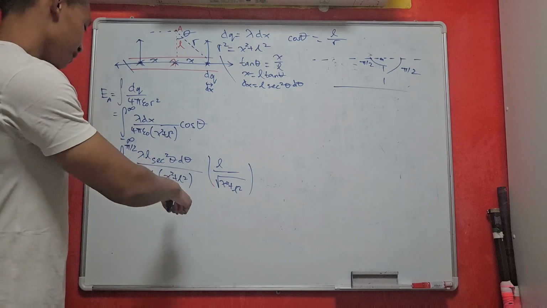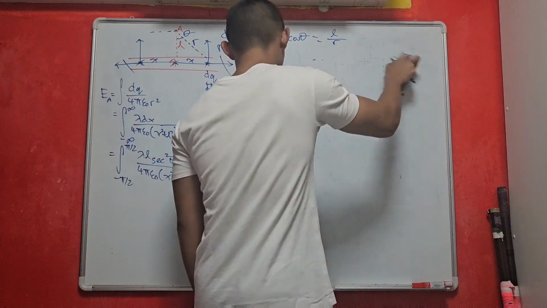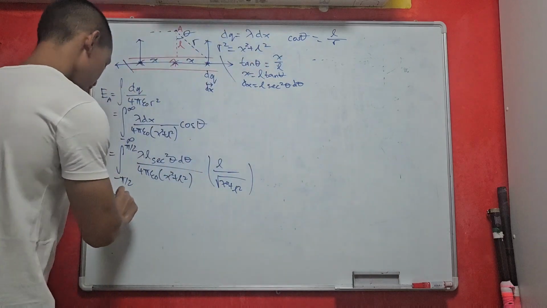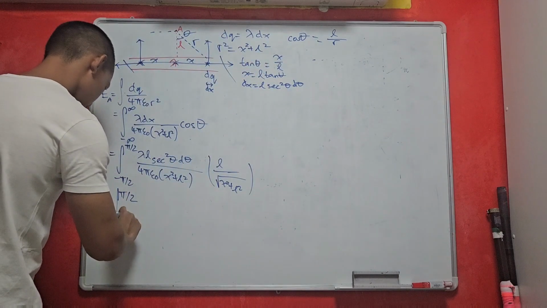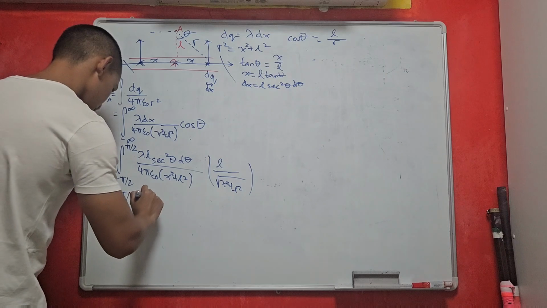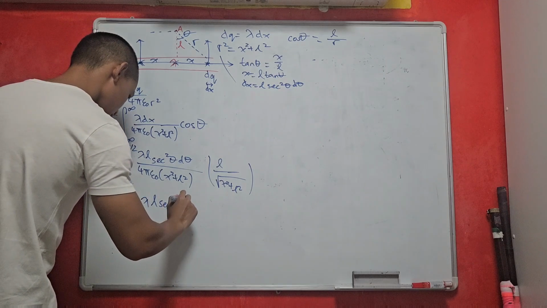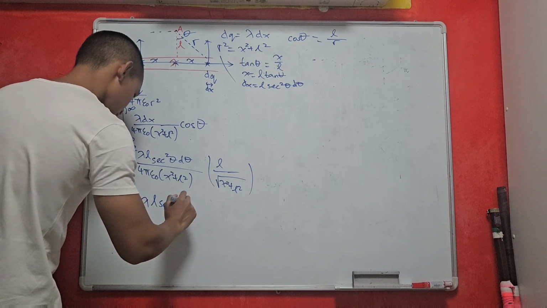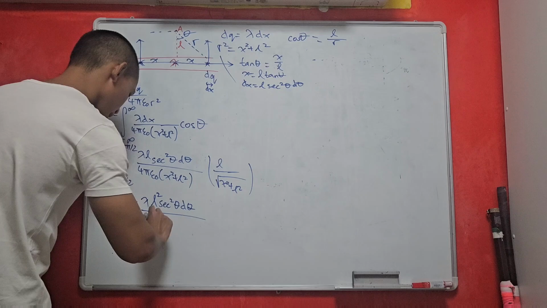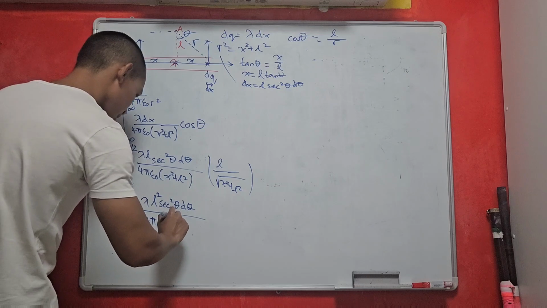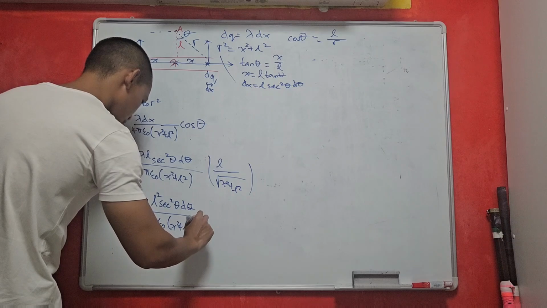So let's simplify this equation even further. So this is equal to, over 4 pi epsilon naught, x squared plus L squared to the 3 over 2.